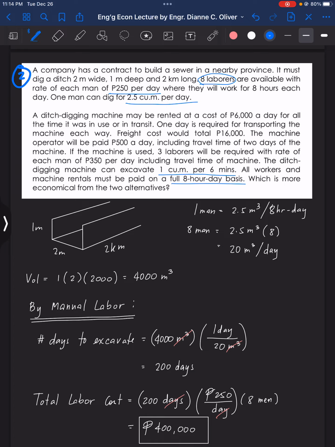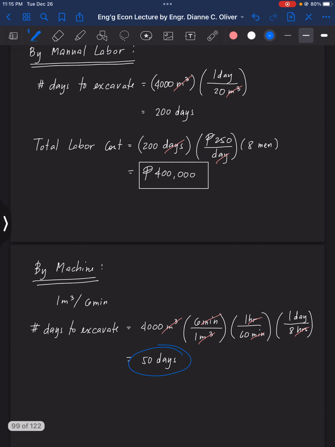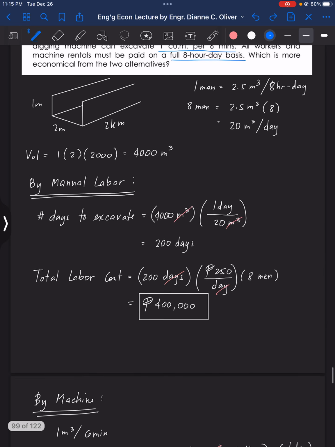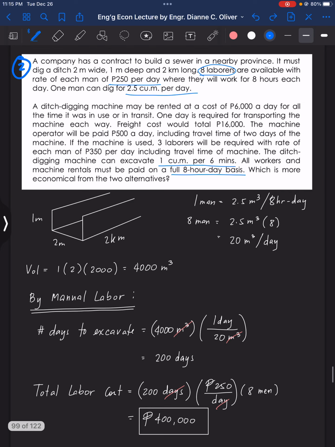So how many days will we use the machine? It says there 50 days, plus the transportation. It says here 1 day is required for transporting the machine each way. So from the warehouse to the site, 1 day, and then from the site to the warehouse, another day. So that is a total of 2 days.